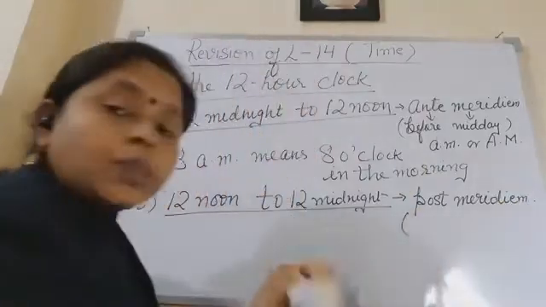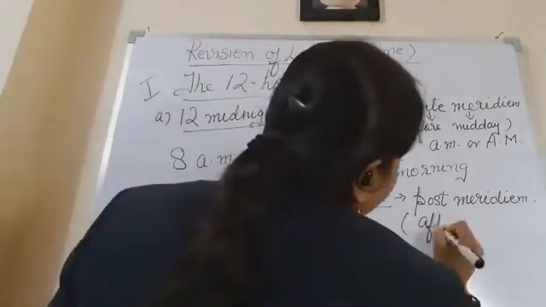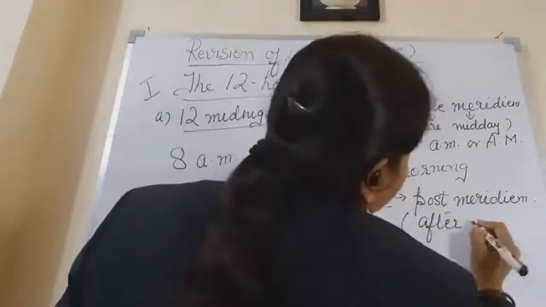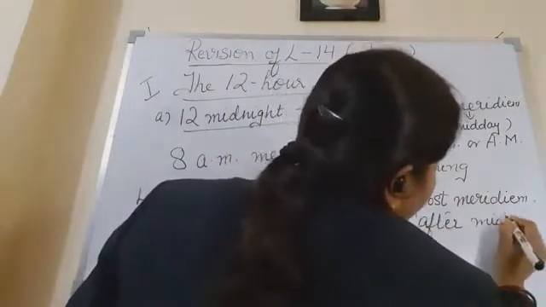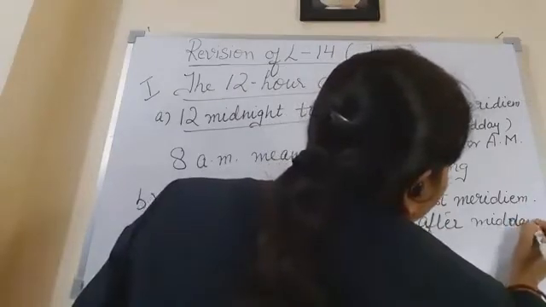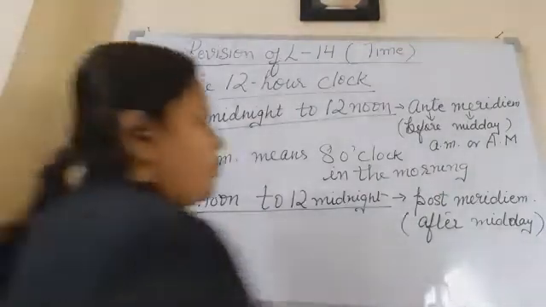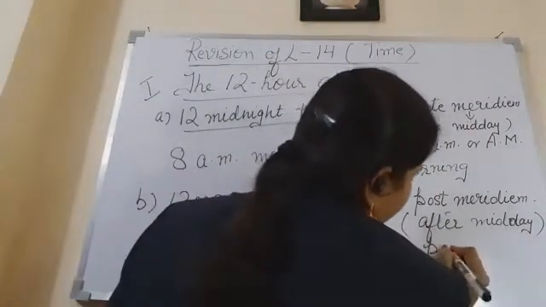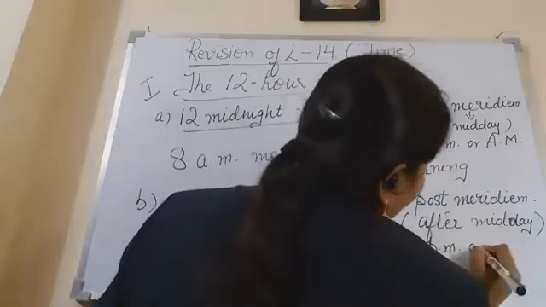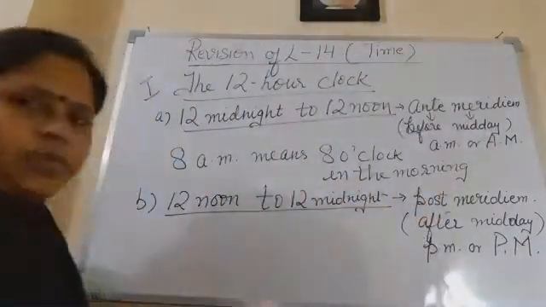And what does post meridian mean? Post means after, and meridian means midday. So this is the time after midday, right? And the short form for post meridian is P.M., or capital P capital M, right?